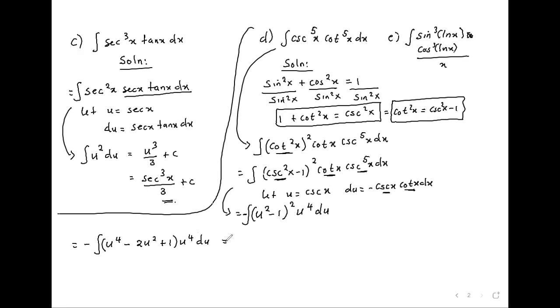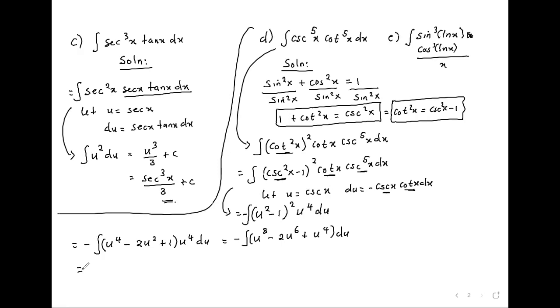Although I know you can finish this one. This is u^8 minus 2u^6 plus u^4 du. Then you remember what u is?